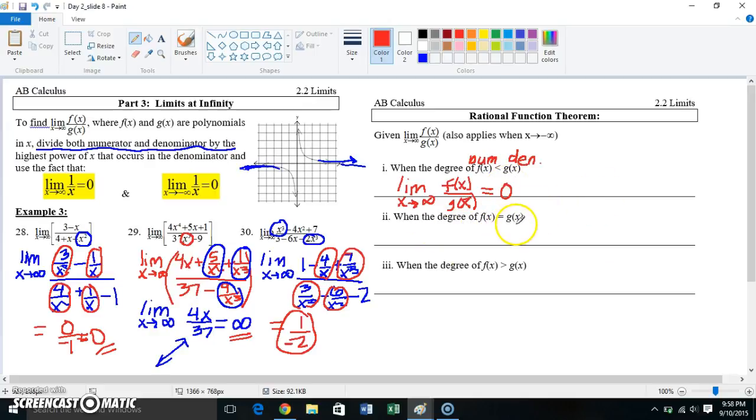Okay, when the degree of f of x is equal to the degree of g of x, the limit will equal the ratio of the leading coefficients of the dominant terms.